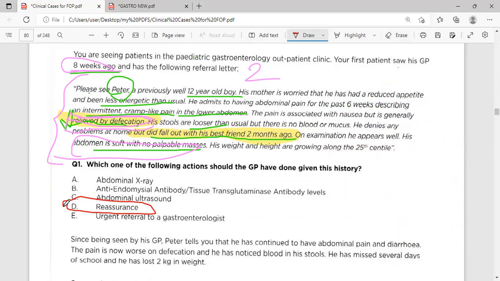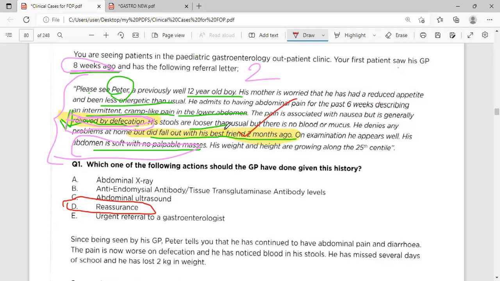Moreover, there is one very important history of this functional abdominal pain here. It's not related to the GIT. What is it? See, he had a falling out with his best friend 2 months ago. That means there is some emotionally stressful situation.